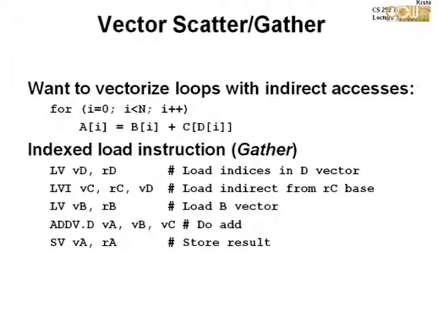Scatter and gather. Last time I gave you a very brief introduction to scatter and gather. Like you have many independent data items or scalars in memory. In your main memory, you have one piece here, one piece here, one piece here, one piece here.